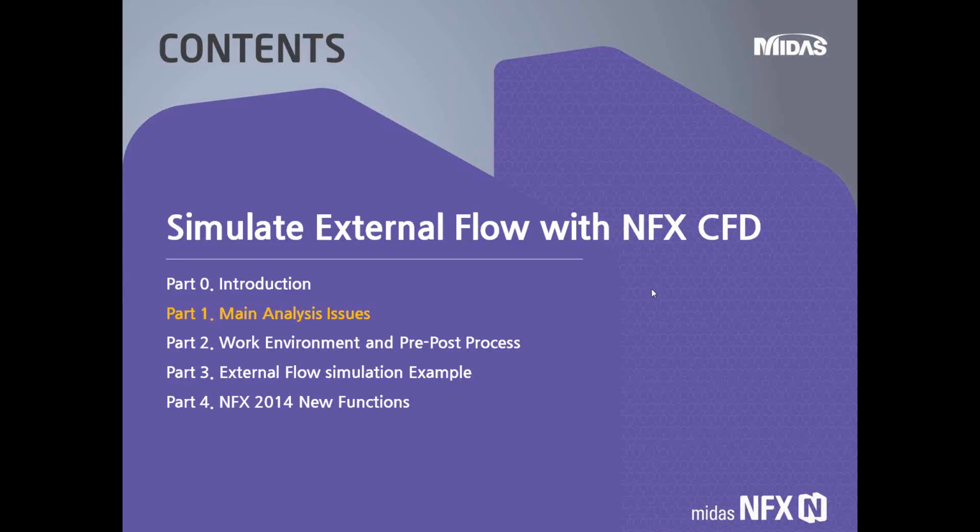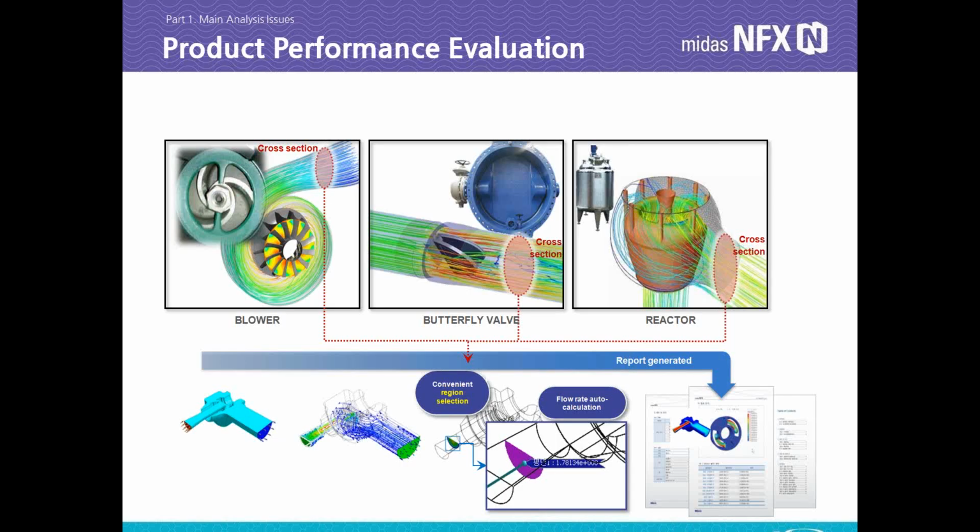Now let's talk about the main analysis issues in the fluid dynamics area. Fluid dynamics is used for a lot of purposes. One of these is to analyze the performance of your product.